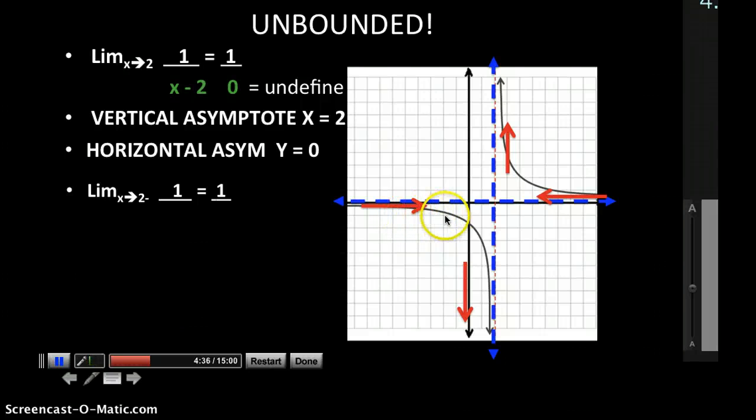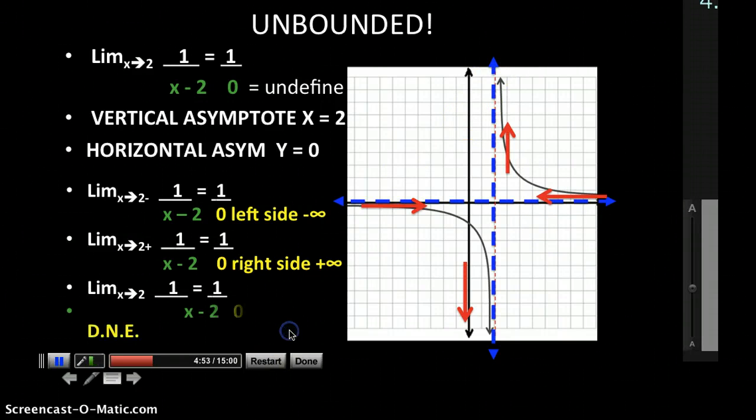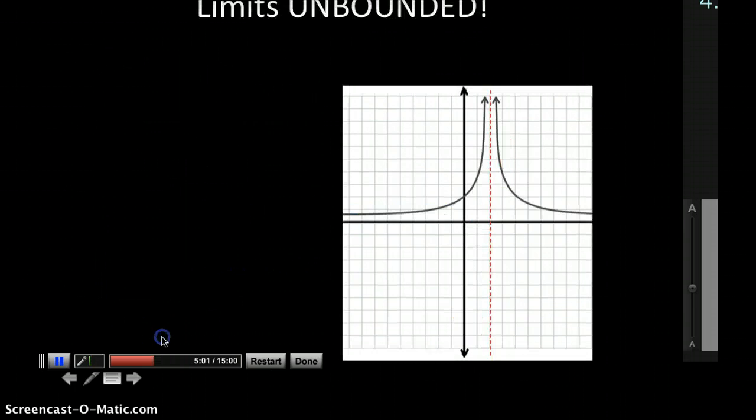As we approach it, we're forced by the path to go down to negative infinity on the left side. On the right side of 2, we're forced to go up to positive infinity. From both sides, that's the original problem, the limit does not exist because the two limits are not going the same direction.